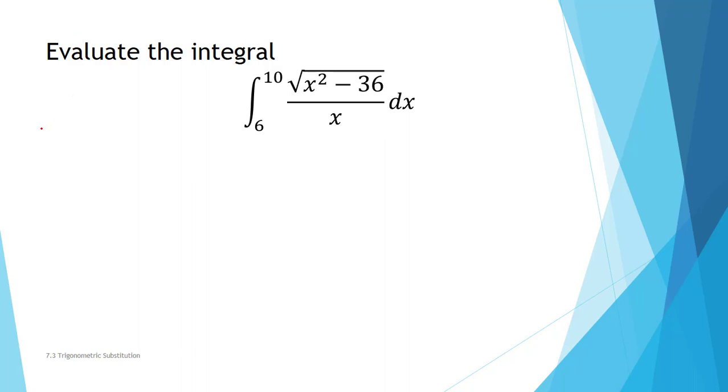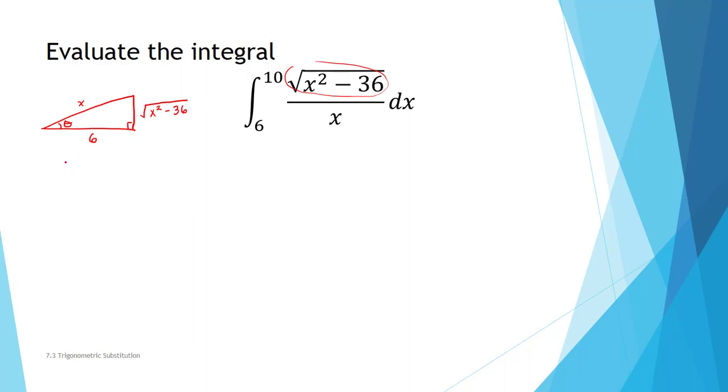I will start, as always, by building a right triangle that has acute angle theta. Because I want this radical to be one of the sides, I will label the hypotenuse x and the adjacent side 6. Then the Pythagorean theorem tells me that the opposite side is the square root of x squared minus 36.